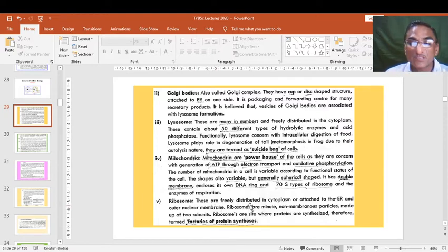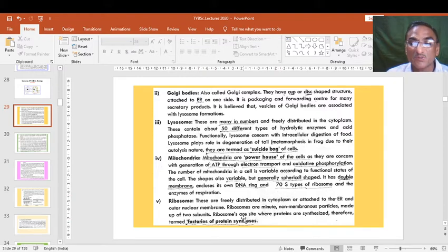So ribosomes are freely distributed in cytoplasm and attached to endoplasmic reticulum and the outer nuclear membrane. These are very minute, non-membranous particles made up of two subunits. If they are 70S, it is 50 plus 30 subunits.